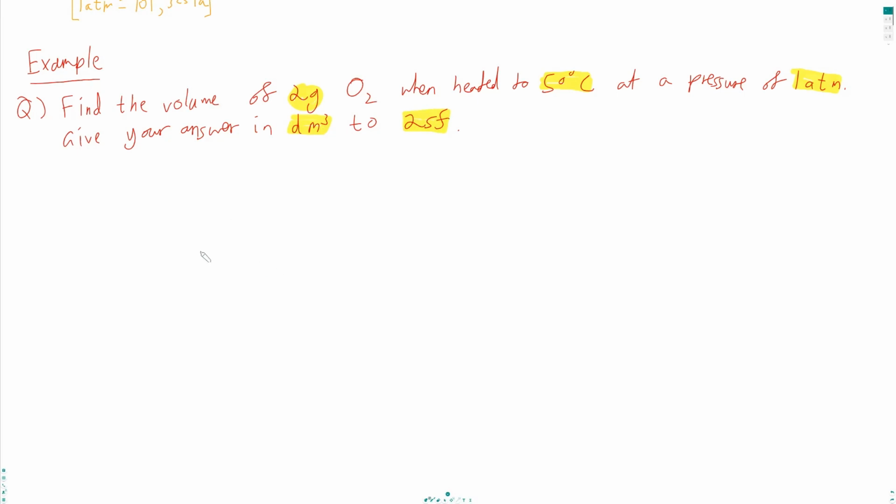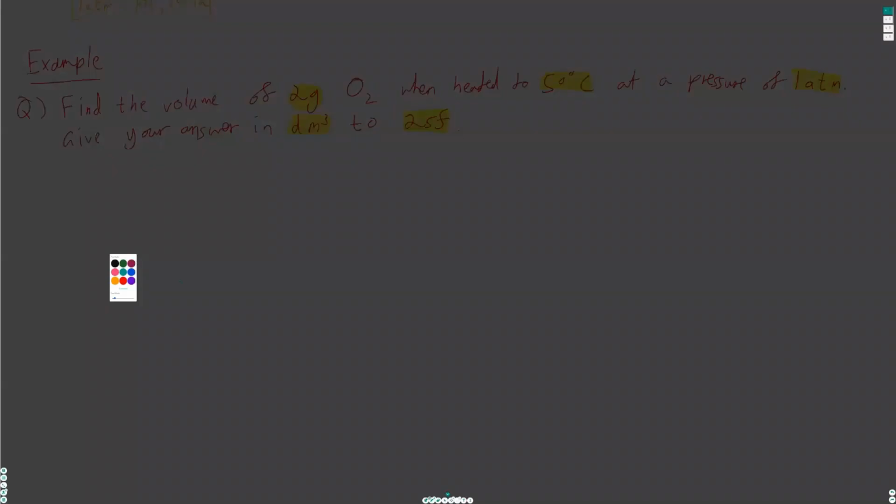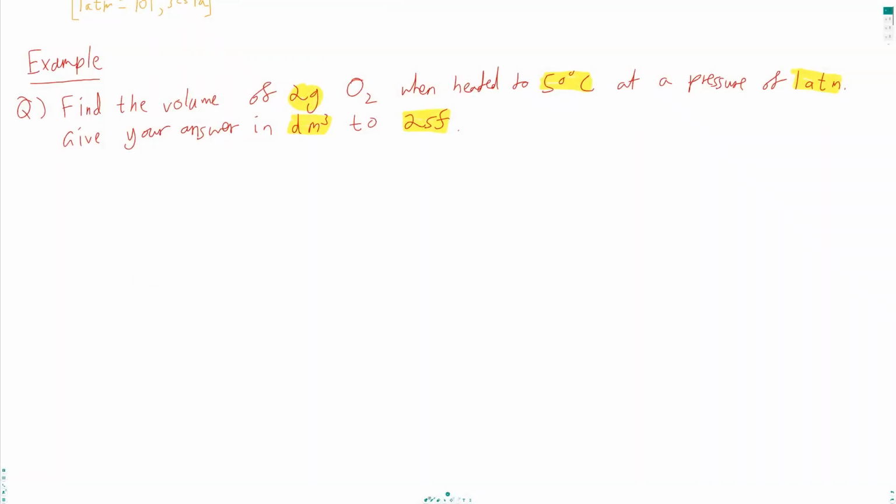Okay, so what do we need? First thing I would do is write down what we know: P, V, n, R, T, in their proper forms, as in with their proper units, the units used in the gas equation.